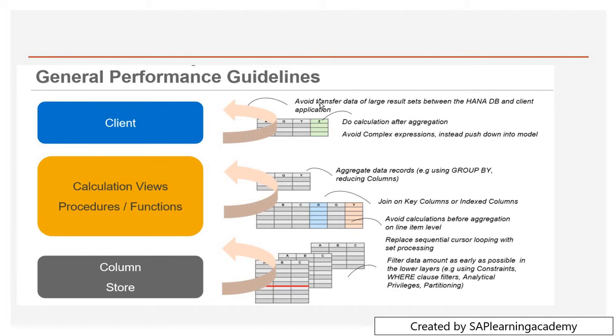In it, I'm going to explain that you should avoid transferring data of a large data set between HANA DB and the client application, do calculation after aggregation, and avoid complex expressions, instead push them down into the model.